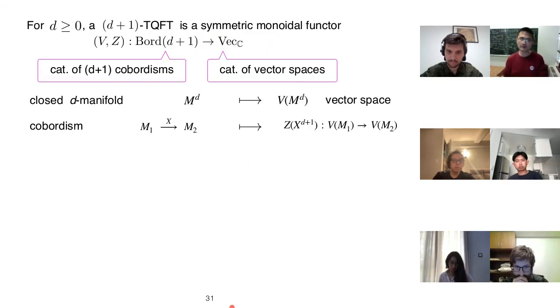To extract these properties, we can formulate the notion of a TQFT axiomatically. Namely, for integer d, a (d+1)-dimensional TQFT is a symmetric monoidal functor from the category of (d+1)-dimensional cobordisms to the category of vector spaces. Essentially that means to any closed d-dimensional manifold M we assign a vector space V(M), and for any cobordism X we assign a linear operator Z(X).